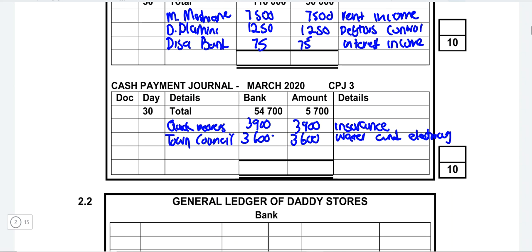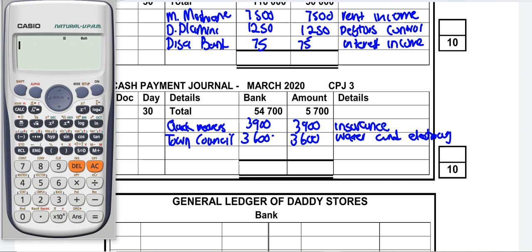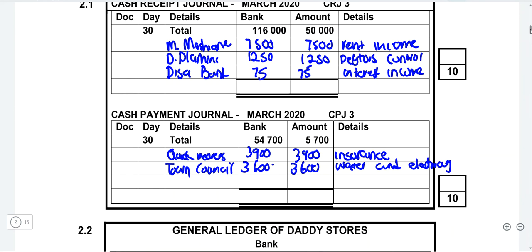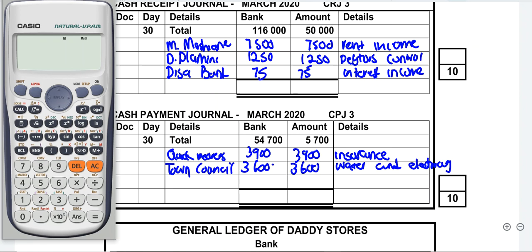So let's try to get the total. For the total of our receipts, you must make sure that you also include that provisional total that was given to you. So how are we going to do it?